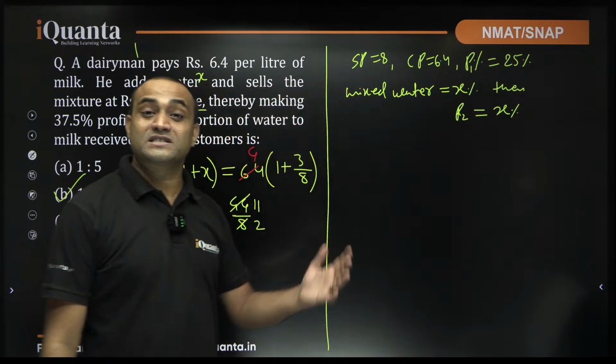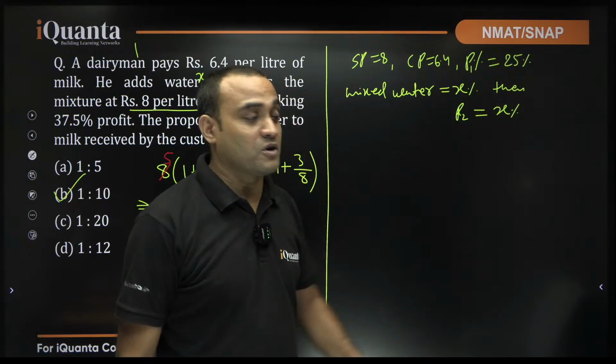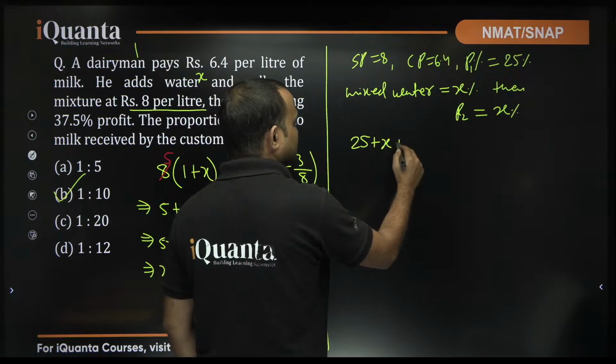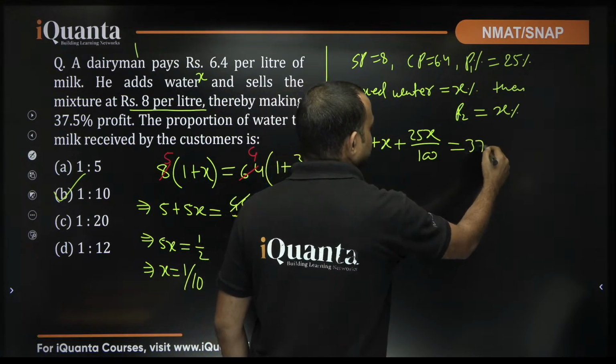The water you are mixing, that much percent profit will be made. Now the successive of these two should be the total profit, which is 37.5. So it will be 25 plus x plus 25x upon 100 is equal to 37.5.